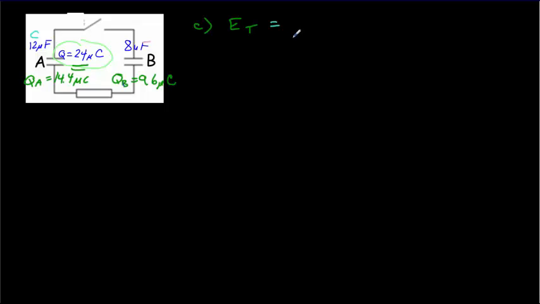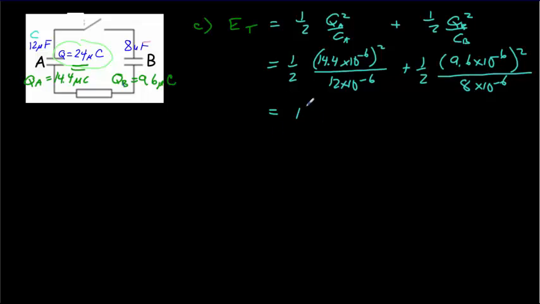So we can add up the energy stored on each capacitor individually. We're going to use the expression 1/2 Q squared over C, because we know the Q's and the C's, one for A, one for B. Plug the values in, and you should get a total energy stored of 14.4 times 10 to the minus 6 joules.